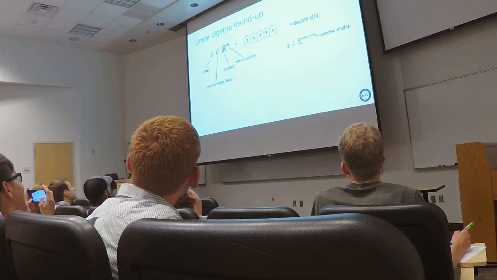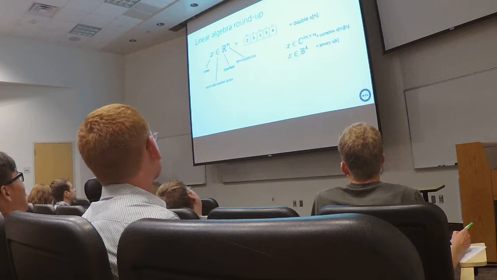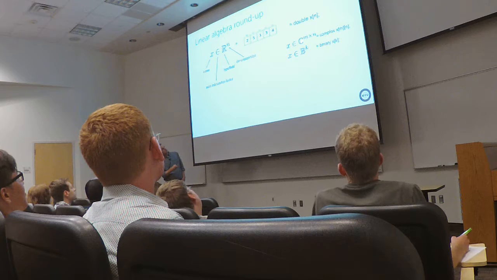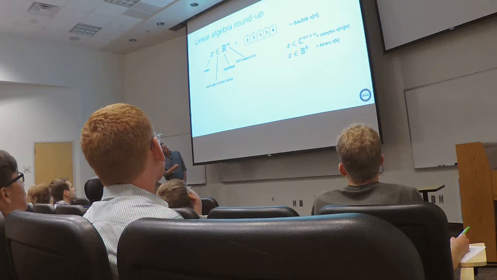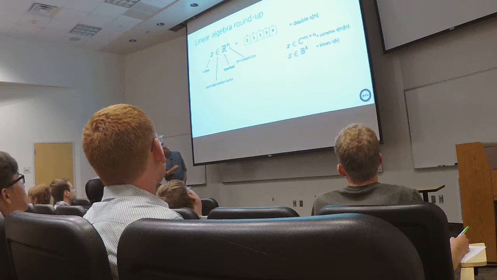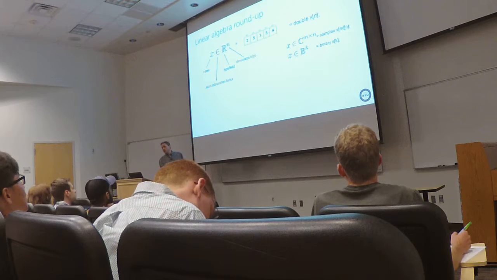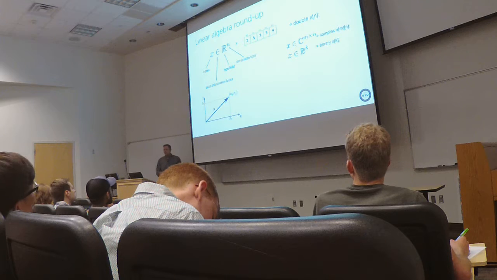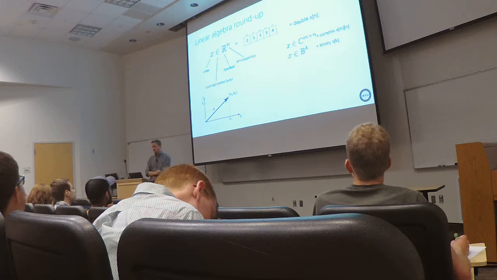There are different fields you can define vectors over, so there's the complex field, there's the binary field, etc. If we ever write something like m by n, that means m rows and n columns. You can just think of that literally as a two-dimensional array. Okay, so that's what we mean when we say vectors in this class.